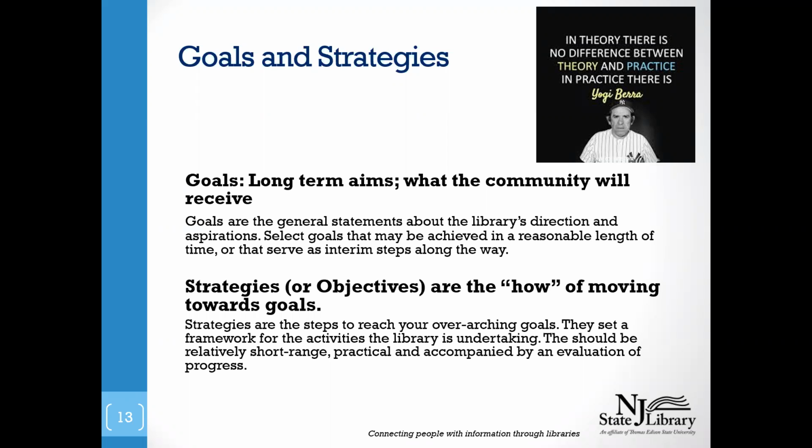Select goals that can be achieved within a reasonable length of time, as well as serve as interim steps along the way. So as long as it's fitting within your 3-year plan, you can have goals that are 1 year, 2 year, 3 year goals. You have one goal that lasts from 1 to 3 years, and you're going to achieve that in steps.